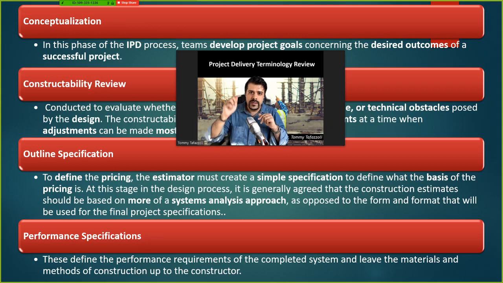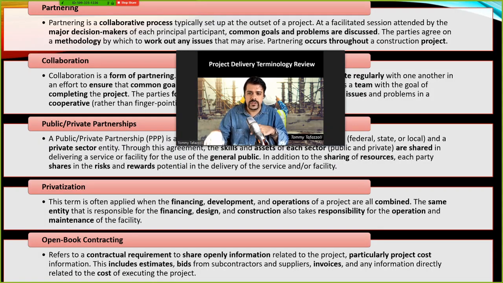So actually, outline specification is a tool for designers. Performance specification is a tool mainly for constructors or contractors, because it tells them what should be achieved by this project, what the expected outcomes of this project are, and then they make sure to fulfill them throughout the construction time.